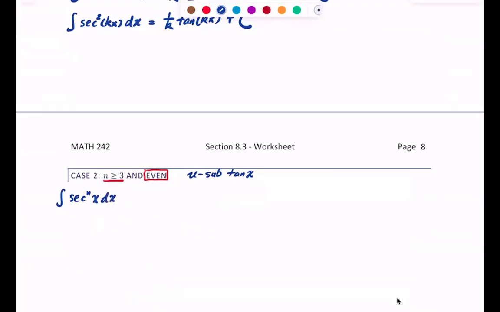So if we want to use tangent sub, we need a secant squared to go with the du, yeah, dx to complete the du.